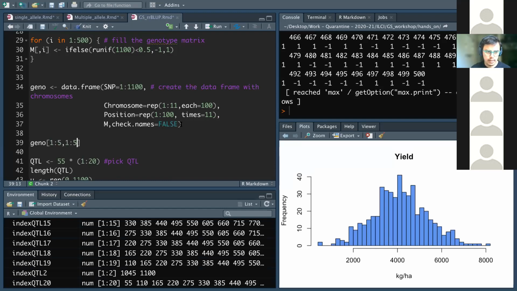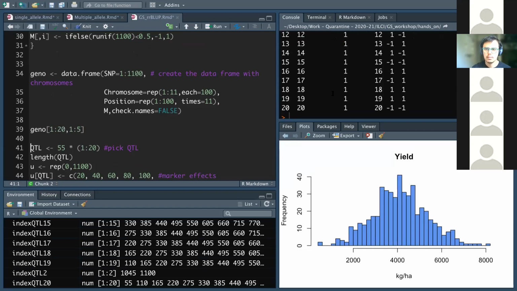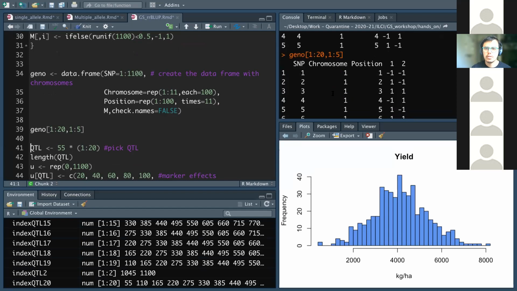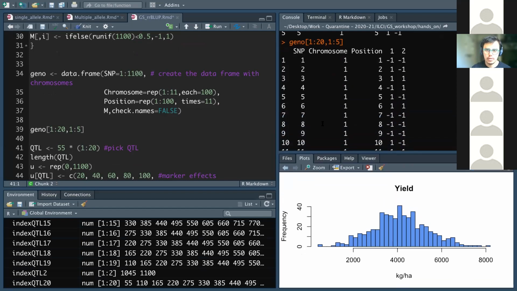So you are right, the thing is here. We have a matrix of 1,100 markers.